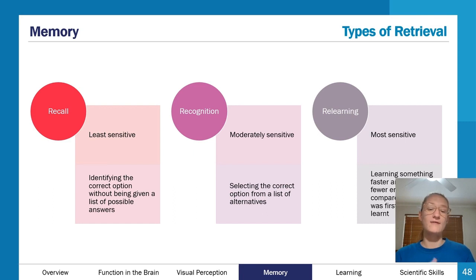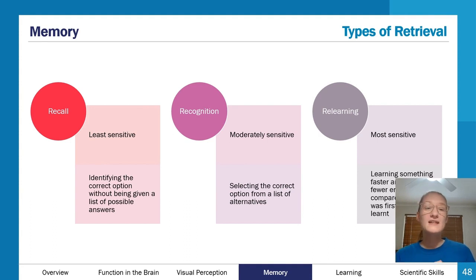And then recognition is when you only need to select the correct option from a list of alternatives. But relearning is where you've forgotten what you've learned and you actually need to relearn it all over again. But it is a lot quicker than learning the first time around. It's a much faster process. You make much fewer errors, and it's generally a much smoother process.